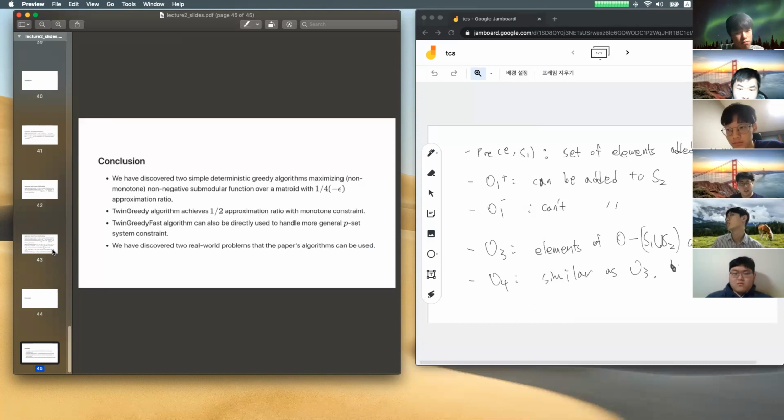Actually, I don't know if it is the same or better in some special cases. So the two examples he listed are just examples of submodular maximization. The only thing we have to prove is that the cost function is submodular, and since it is submodular, we can just apply the algorithm. Okay.